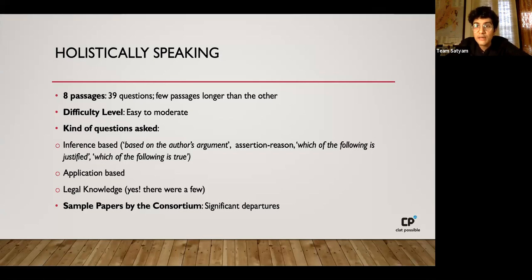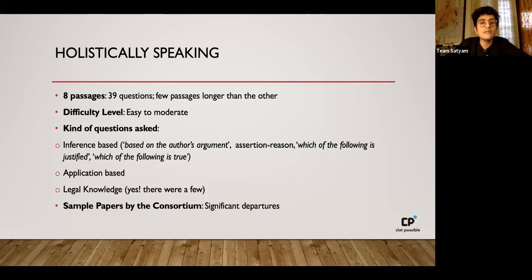So that definitely required some level of knowledge of that offense, which means basically that it is not as if you could go into the paper not knowing anything about the law of torts or the law of defamation. And apart from that, we will discuss a few more questions where we thought that some level of legal knowledge was required to answer those questions.